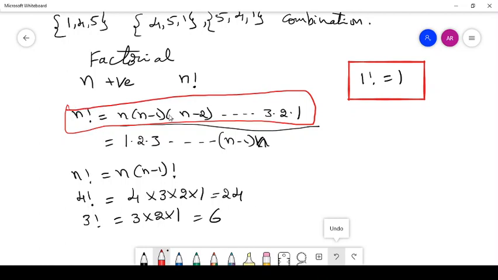By convention, 0 factorial is also 1. 0 factorial is 1.